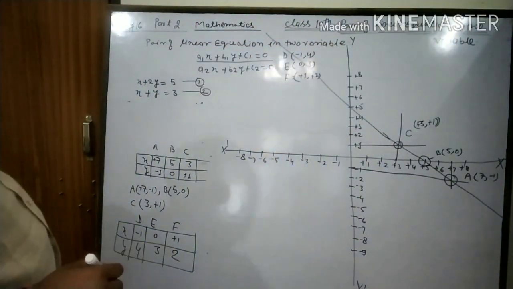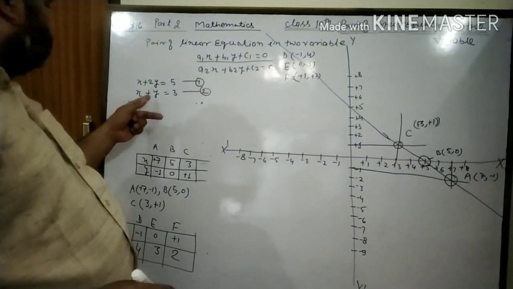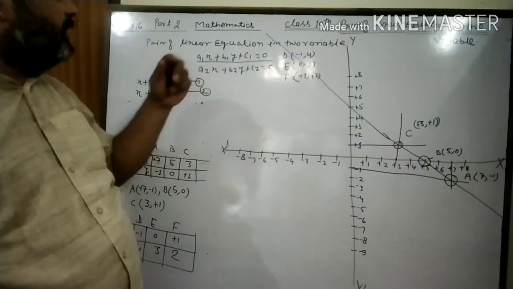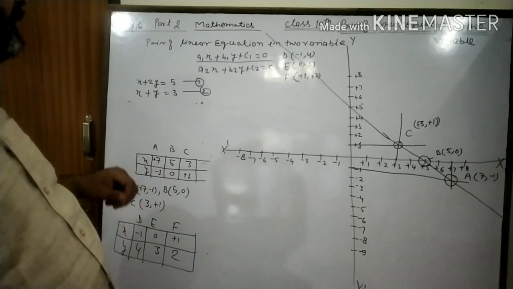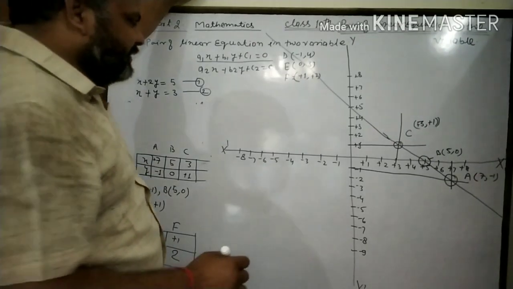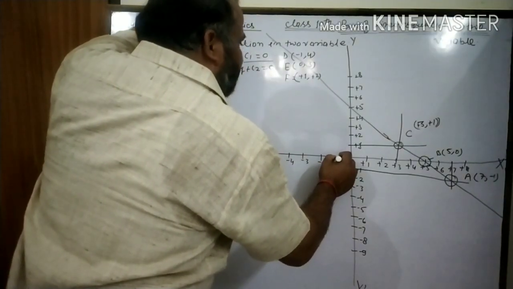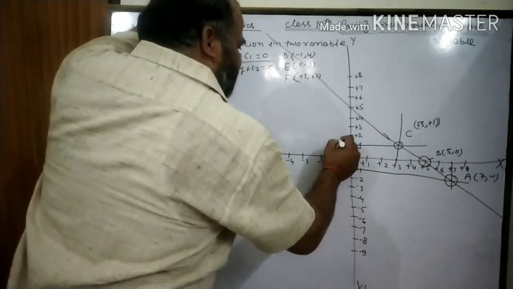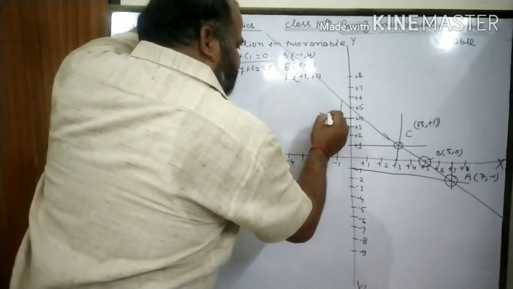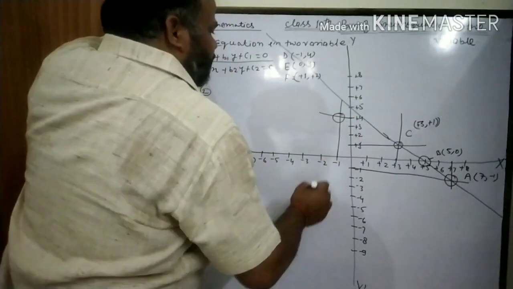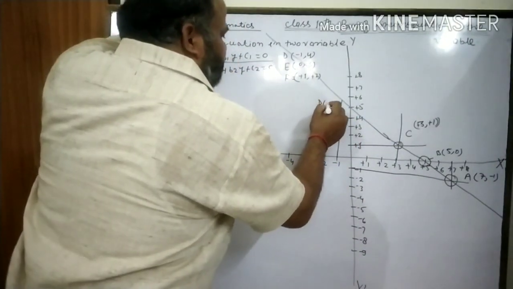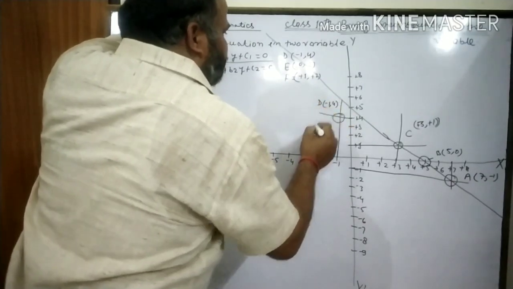In the same way, for equation 2, D is -1, 4. See, it is -1 and y is positive, then this point is D: -1, 4.